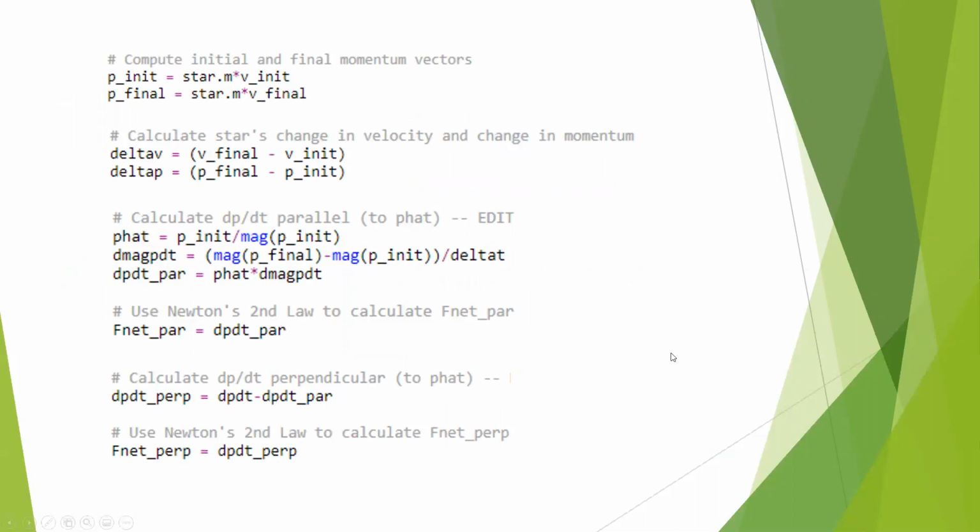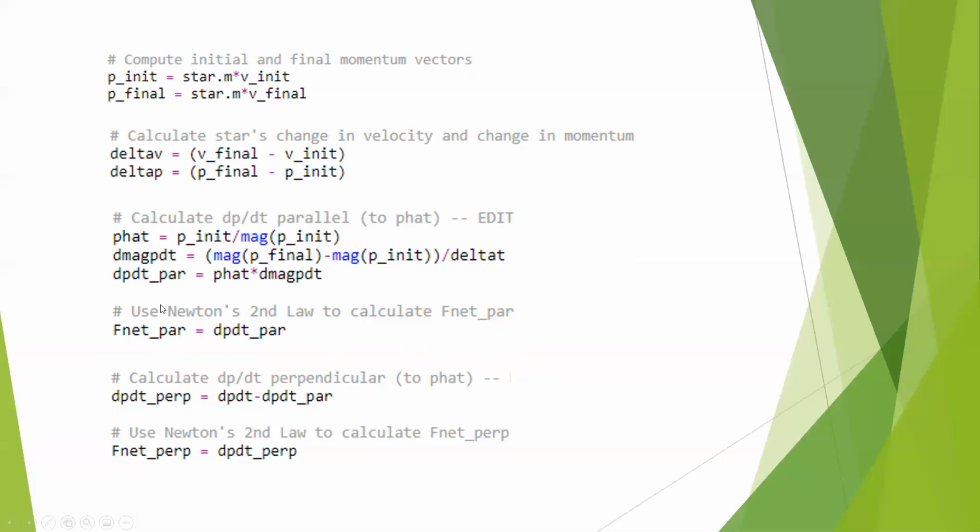So this slide here just shows how all of the formulas were converted into code. So as you can see, p is equal to mv, both of these. Delta v is equal to v final minus v initial. Delta p is equal to p final minus p initial. P hat is equal to p initial over magnitude of p initial, and so on.